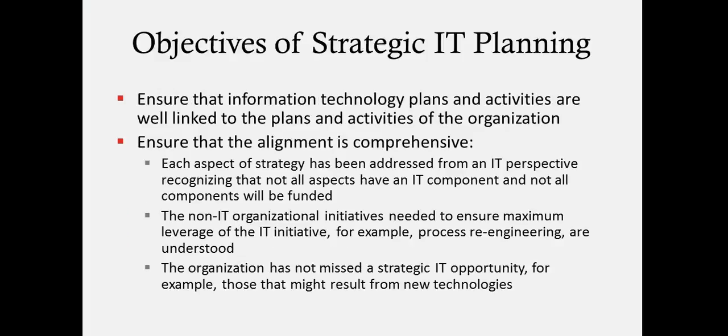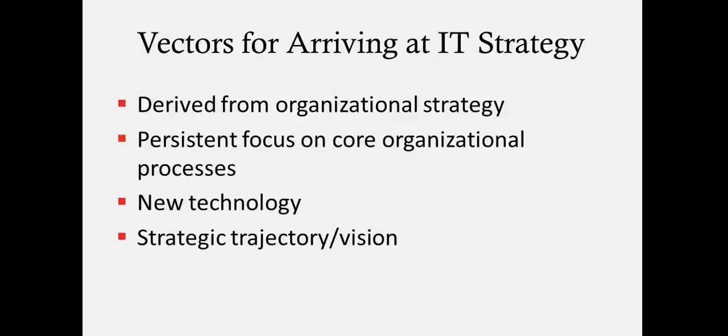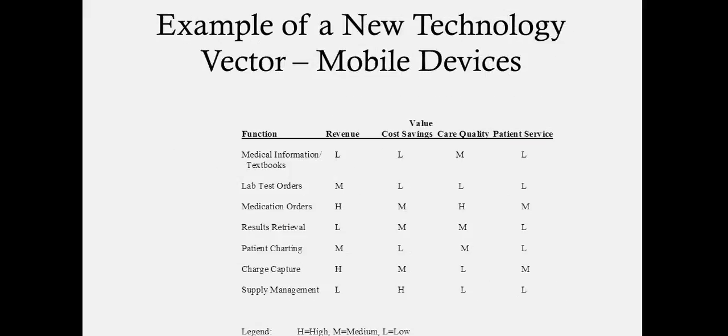Okay, and this chapter talks about what is the objective of strategic IT planning. Then it talks about the overviews of the strategies, the things that are essential for devising a good IT strategy, and this will give you an example of a new technology vector, mobile devices.